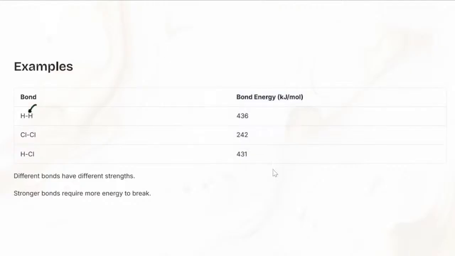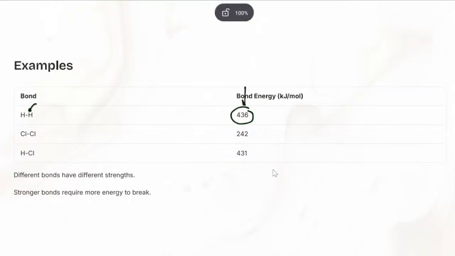If they say the bond energy between a hydrogen and a hydrogen, it tells you how much energy is needed to break this bond. So when you see 436 here, it tells you you need 436 kilojoules to break this bond. And it also is telling you that you are going to release 436 kilojoules when you form this bond.